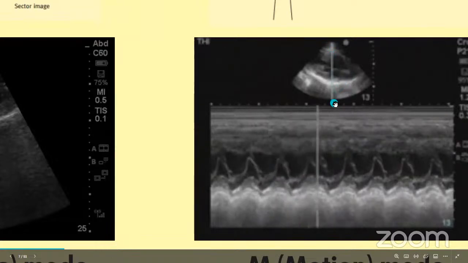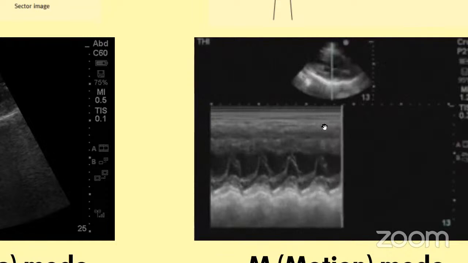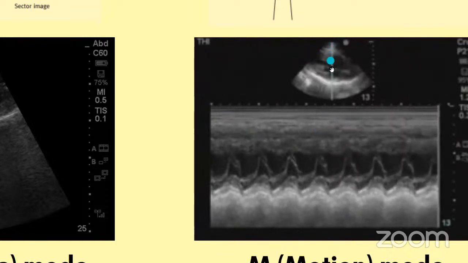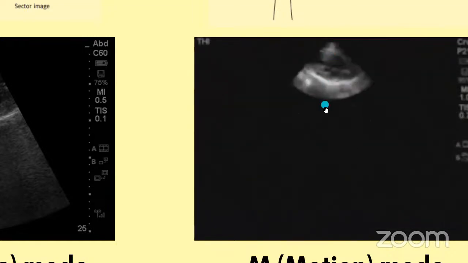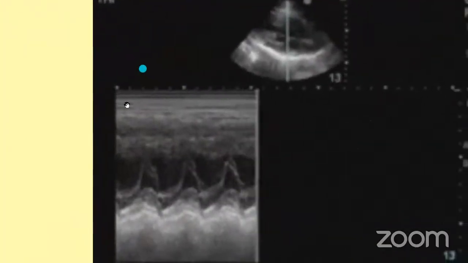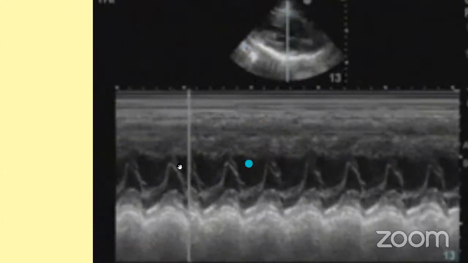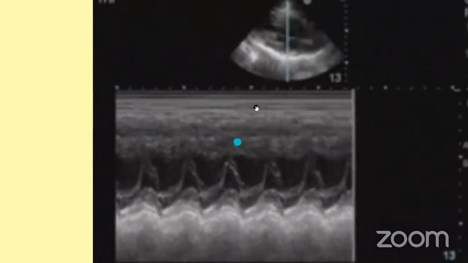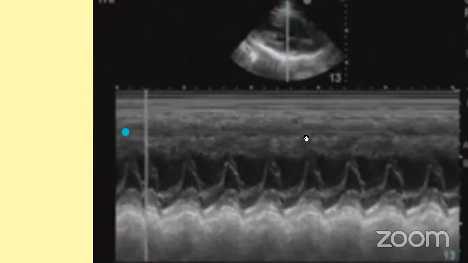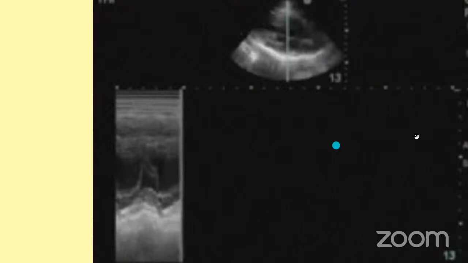If this is the cross section which we are taking, what the machine does in M mode is, when I turn on the mode, it takes all the images along this cross section with increasing time. So the image which you are getting here is just this single cross section taken over multiple milliseconds and concatenated into a single 2D image.